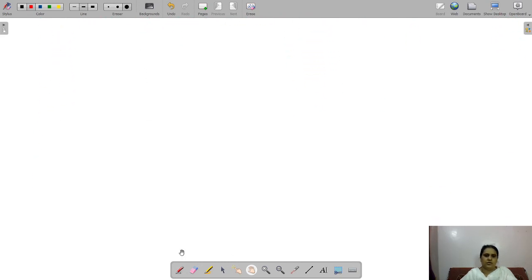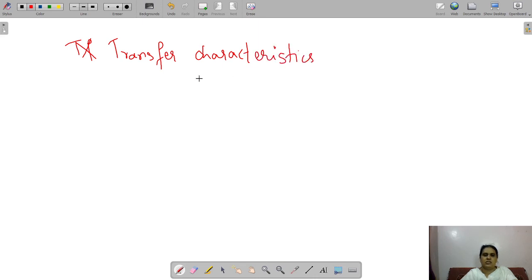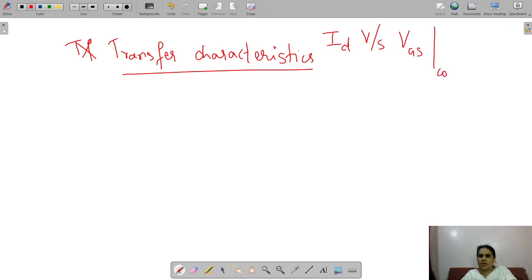So what are the transfer characteristics? It's a plot of output current versus input voltage for constant values of output voltage.